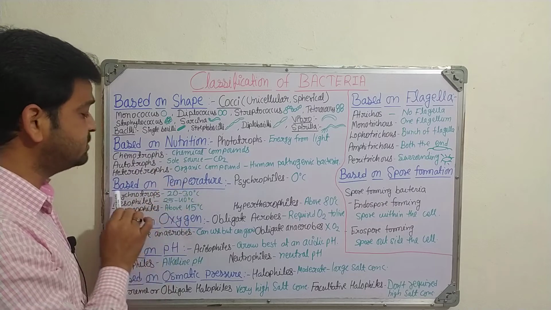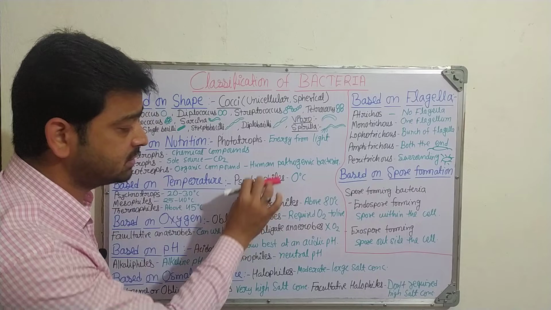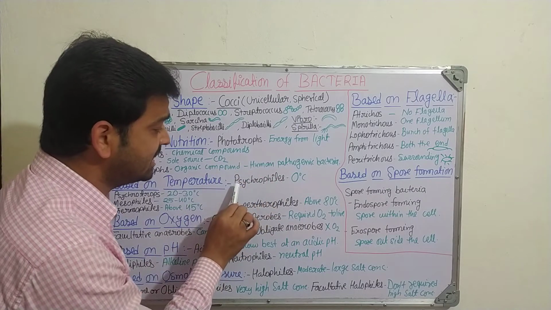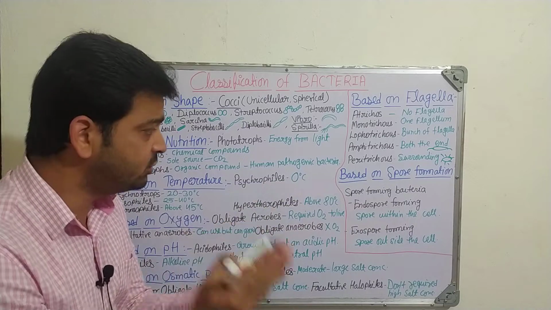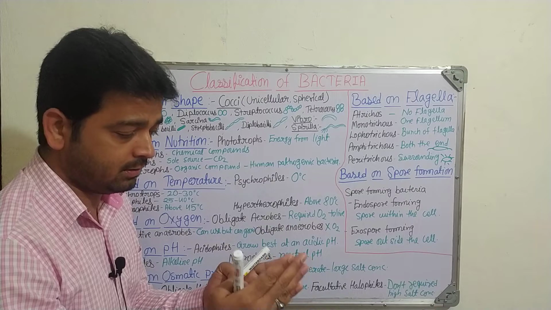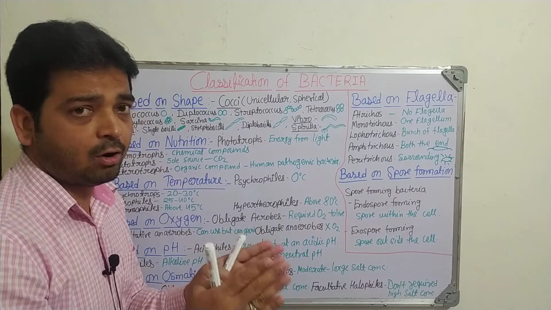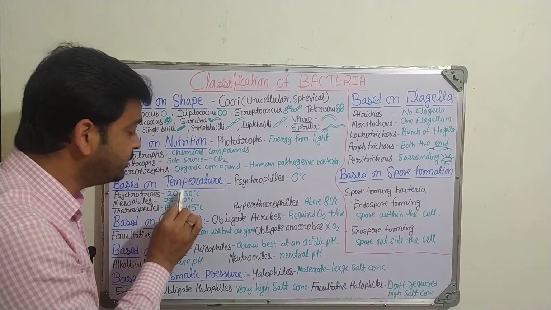Third mode of classification is based on the temperature. Here we can have four or five types. First is the psychrophiles, 0 degree centigrade. Bacteria that can grow at 0 degree centigrade come under this, and 0 to 15 degrees is optimum for them. The second category, cyclotropes, 20 to 30 degree centigrade.